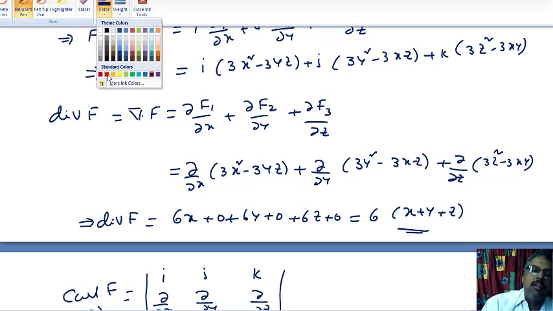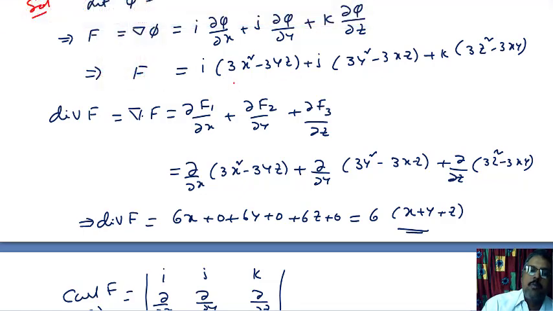I will write it just for understanding. This is f1. This is f2. This is f3.